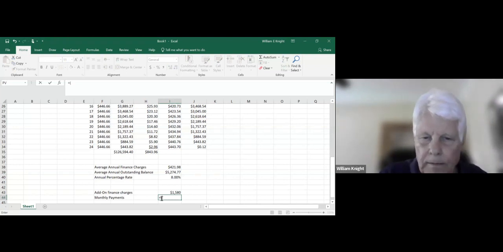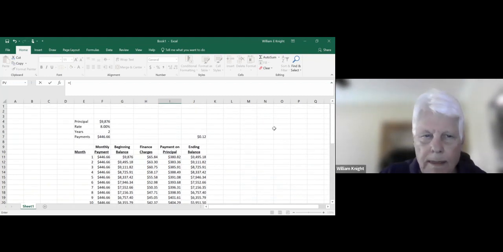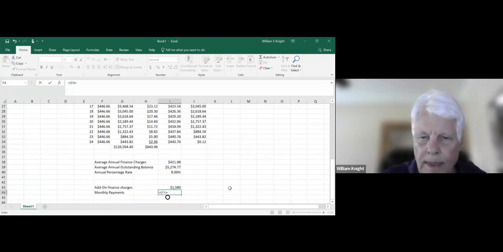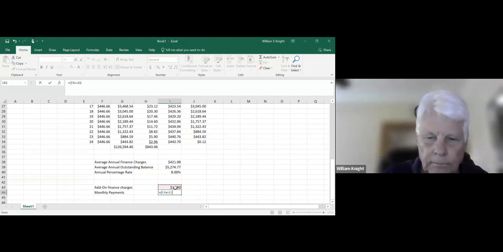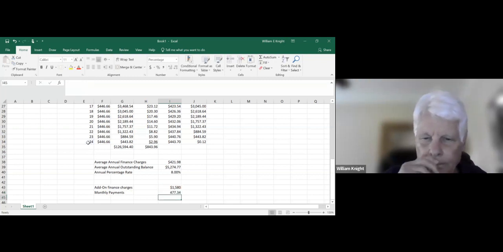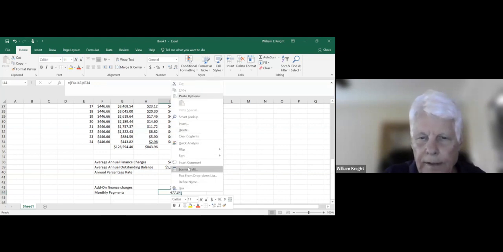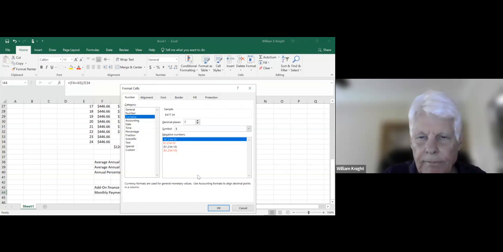The principal plus the finance charges divided by the number of payments, 24. So there would be the monthly payments, $477.34. Let's go ahead and turn that into a currency just for the heck of it.